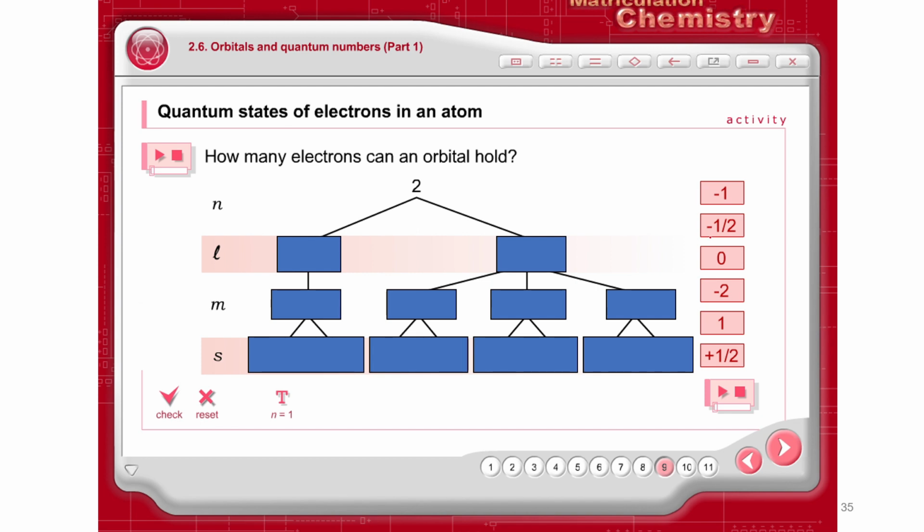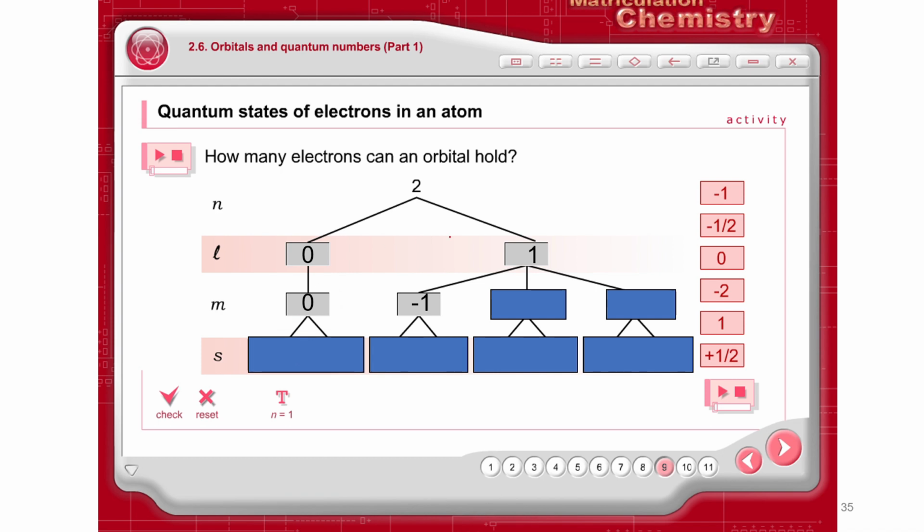So kalau L, okay, kita tengok di sini, okay, kita ada n is equal to 2, jadi L yang possible is L is equal to 0 dan juga berapa? 1, okay, alright. So magnetic yang possible cuma 0. Jadi spin kita positive half, negative half. Okay.